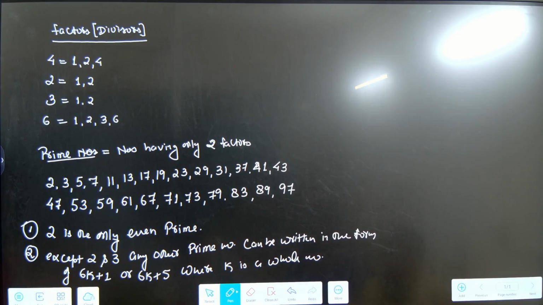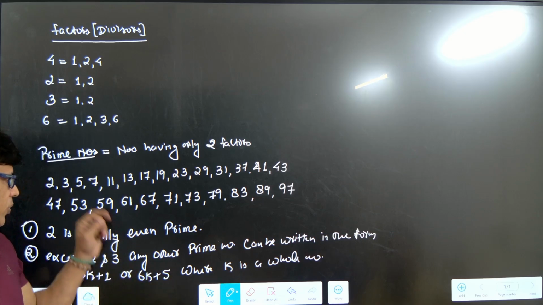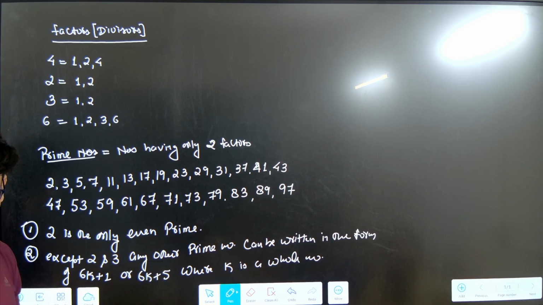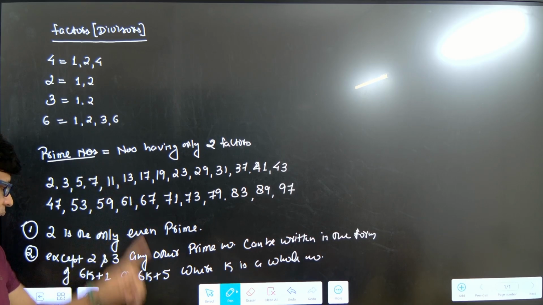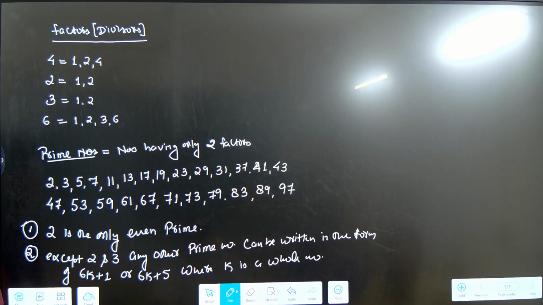So except 2 and 3, if you pick up any number, let's say 5, 5 can be written as 6 into 0 plus 5. 7 can be written as 6 into 1 plus 1. 11 can be written as 6 into 1 plus 5. 17 can be written as 6 into 2 plus 5. 13 can be written as 6 into 2 plus 1. Apart from 2 and 3, you can write in the form of 6k plus 1 or 6k plus 5.